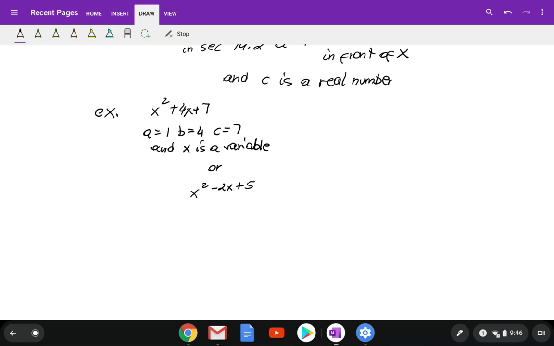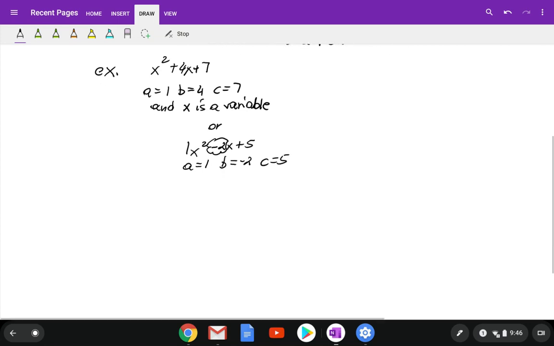Like you guys see, a is equal to 1 because you have a 1 in front of x squared. B is the coefficient in front of x, so in this case it's negative 2. And c is 5, the number which is by itself. Okay, so those are examples of trinomials of the form x squared plus bx plus c.